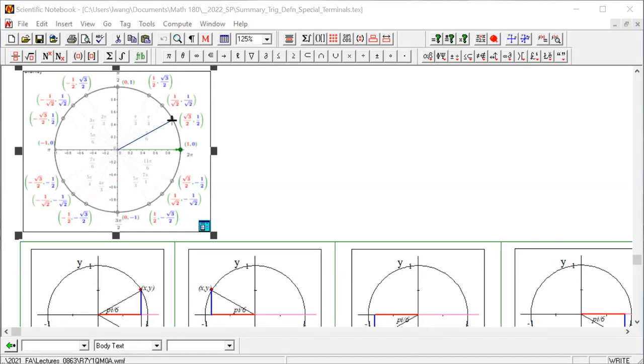There's one here, right? And there's another one over there. And in the 3rd quadrant, right? And the 4th quadrant. So that's pi over 6. So we worked out all 4 coordinates. And then we found cosine and sine in each case. So for any terminals in this situation, okay?